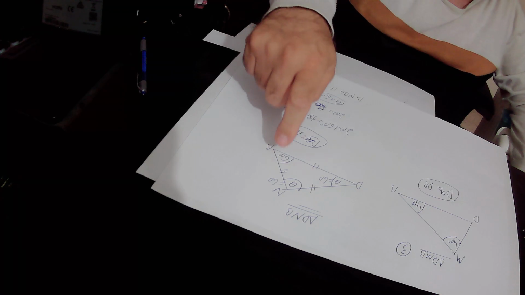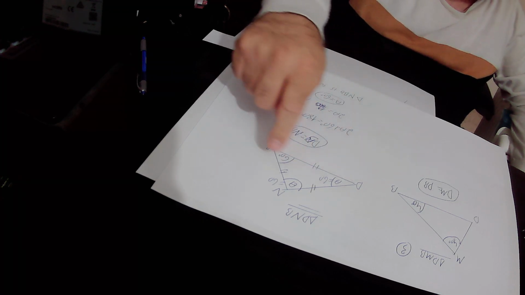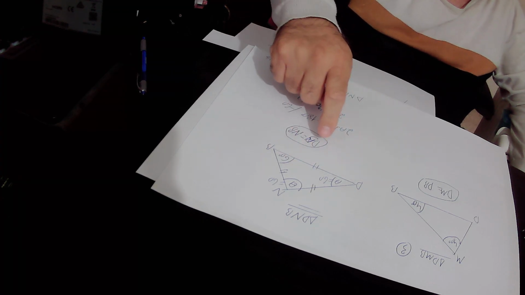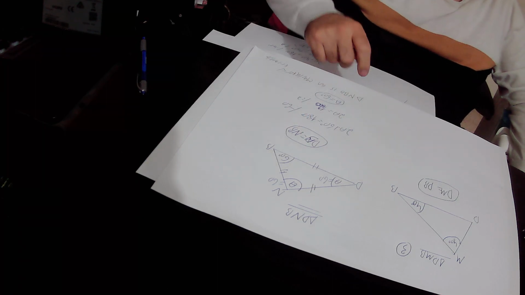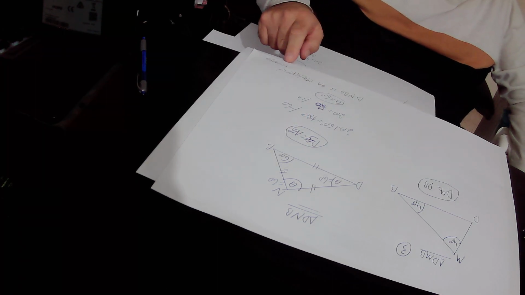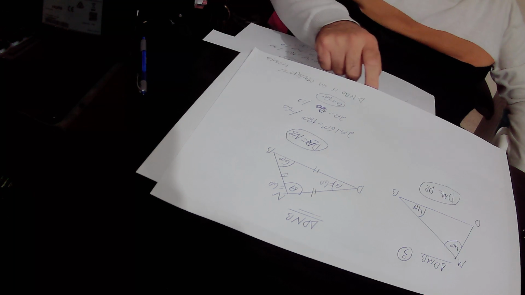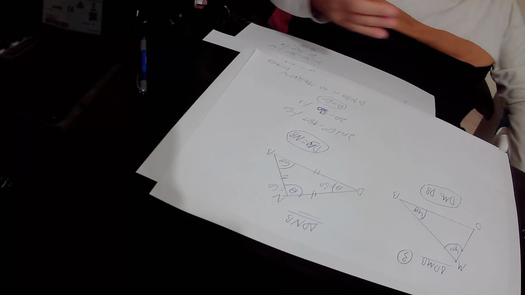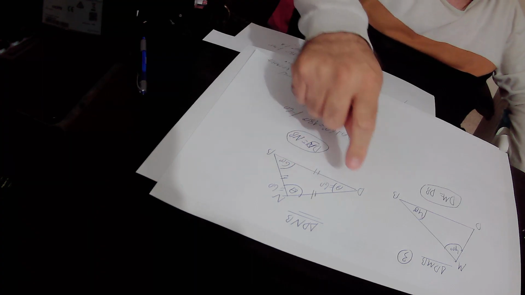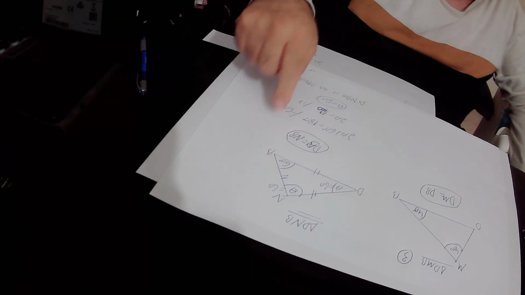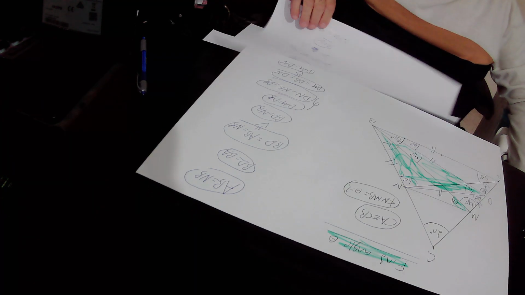So we found that triangle DNB is an equilateral triangle. Why? Because all of its angles are equal to 60 degrees. So triangle NBD is an equilateral triangle, and we know that all the sides in any equilateral triangle are equal to each other. That is to say, ND equals DB equals NB.